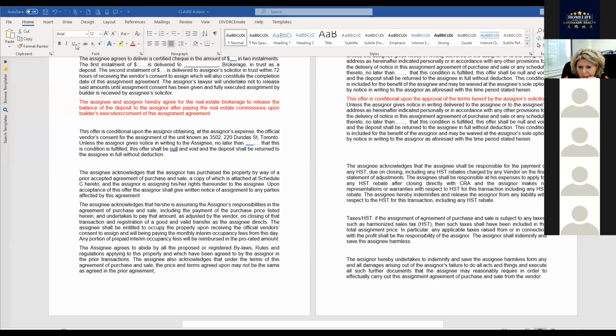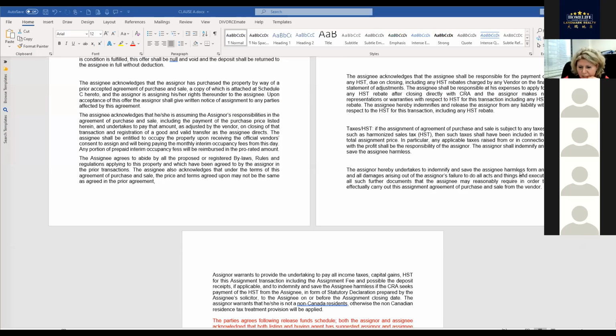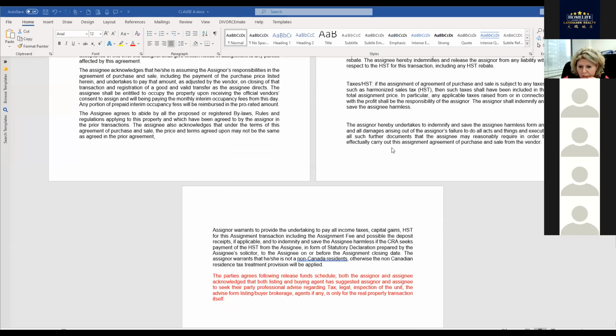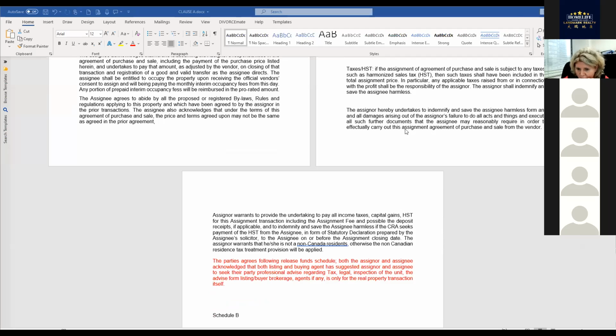Here I wrote: the assignor undertakes to indemnify and save the assignee harmless from any and all damages arising out of the assignor's failure. And as well, the assignor wants to have the opposite. So it depends. The assignor can go one way, and then the assignee can save the assignor harmless from any and all damages arising out of his failure.